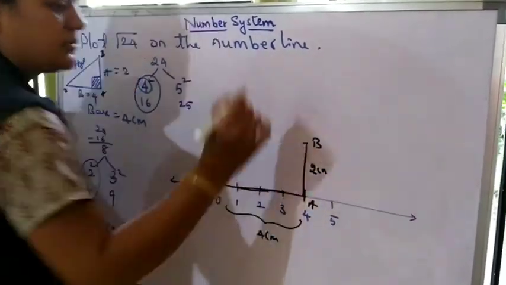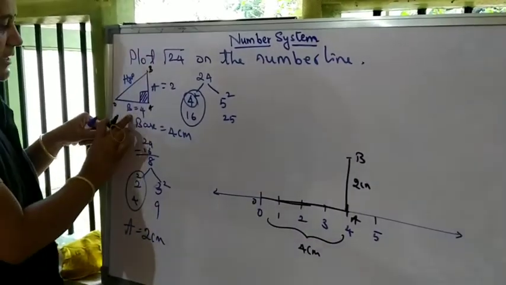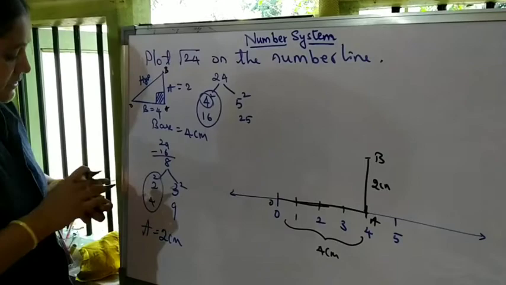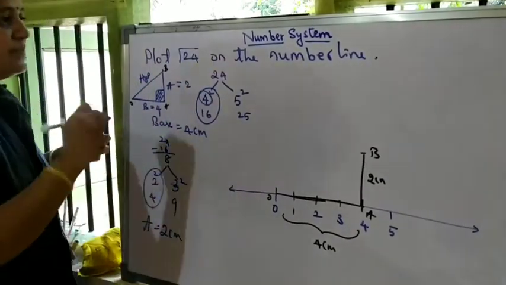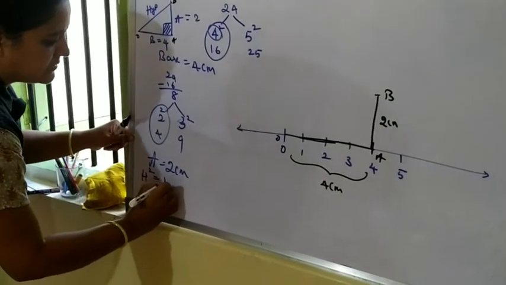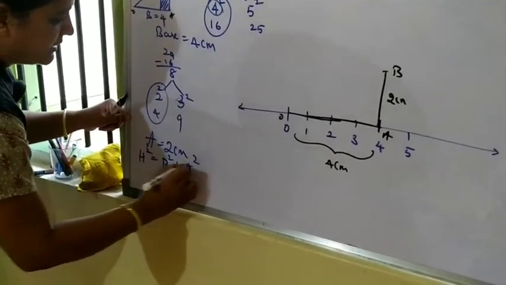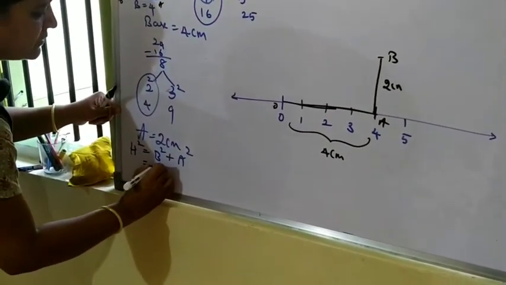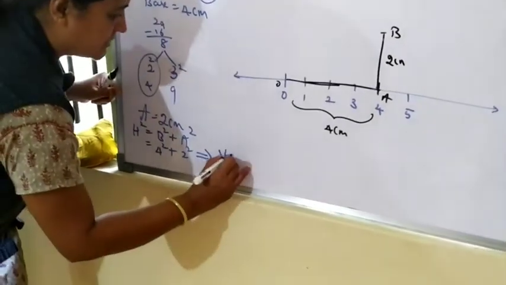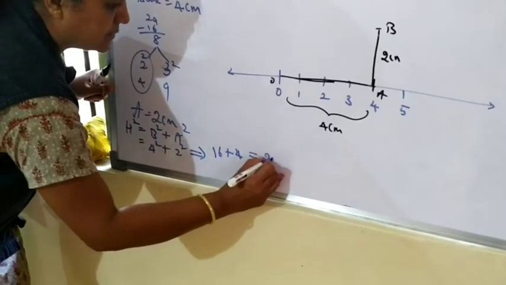So with the base 4 and altitude 2, how much hypotenuse have we got? Sorry, we didn't do the calculation. Let us do it. The square of the hypotenuse is base square plus altitude square, that is 4 square plus 2 square. That is 16 plus 4, which is 20.